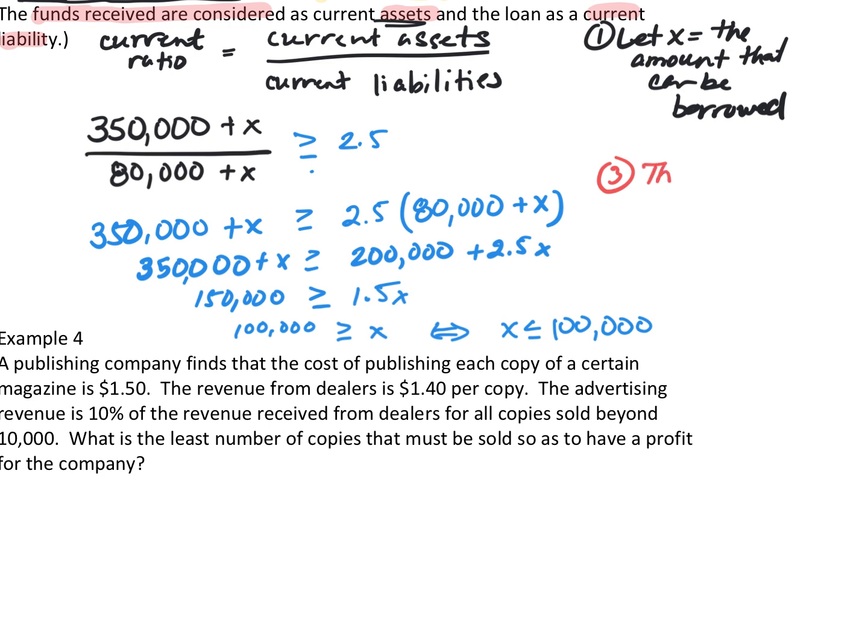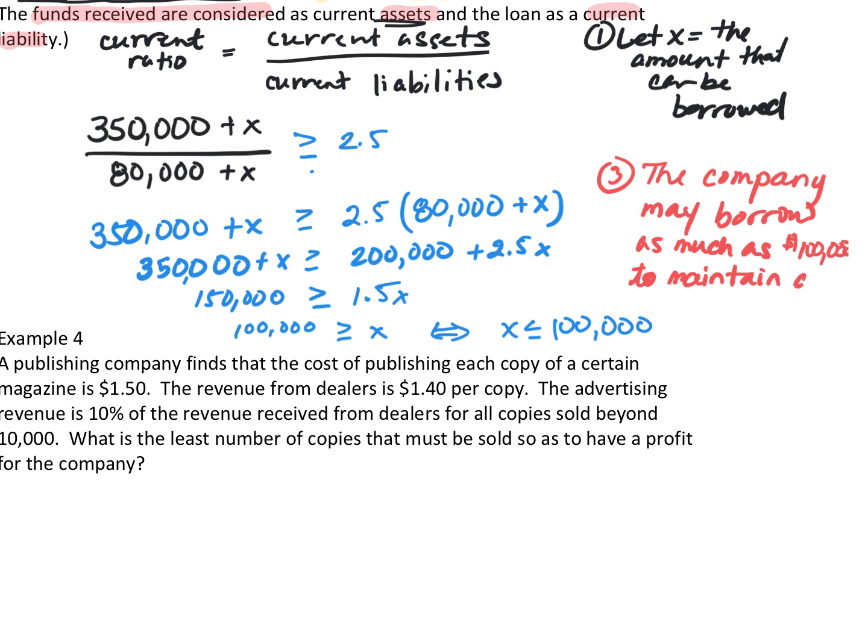The company may borrow, because that's what we're looking for, as much as $100,000 to maintain a current ratio greater than or equal to 2.5.